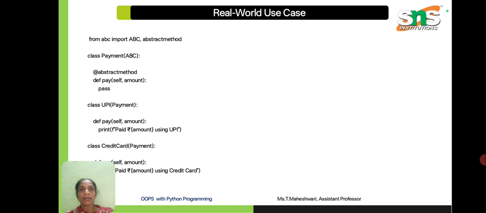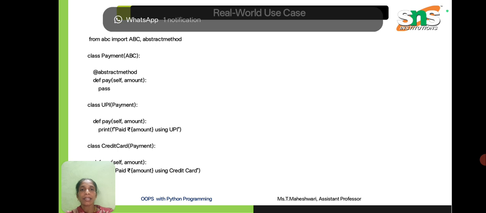That class also inherits from the payment class. It has a function called pay. This pay function contains again an amount. That variable is going to be paid by UPI transaction. So I am printing paid, how much amount I am paying using UPI.